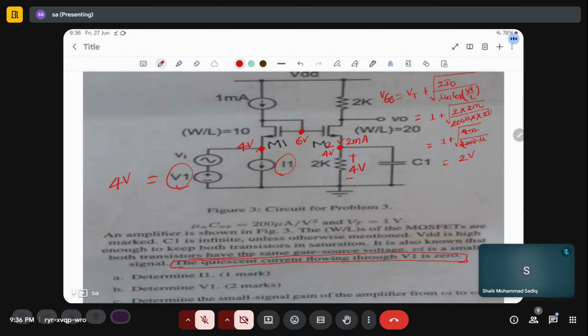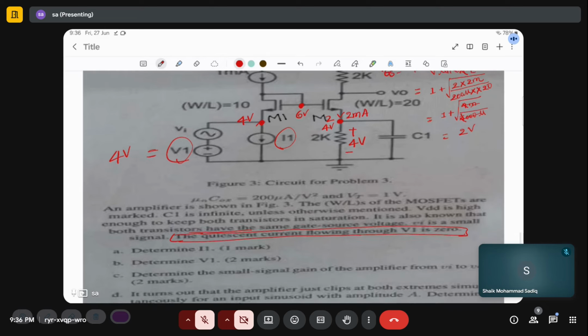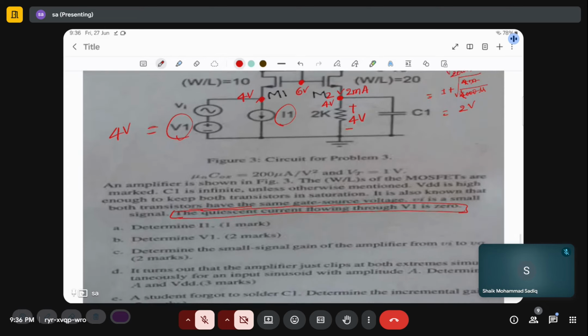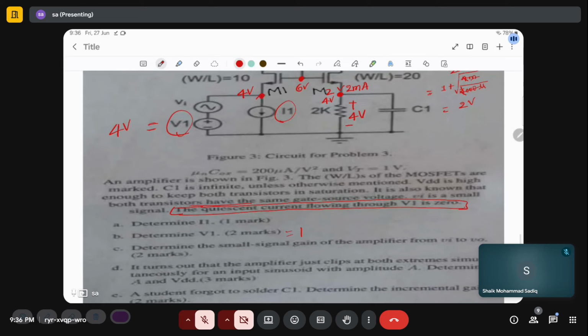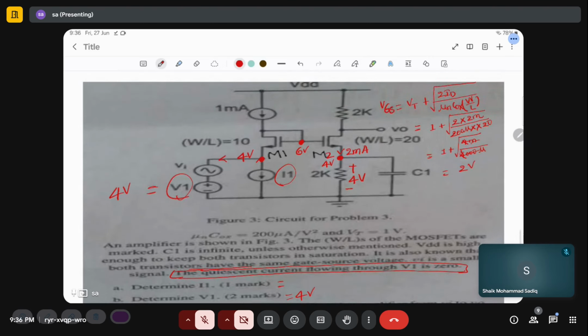I have told this in the previous class, go check the PDF. So V1 is 4 volts. What is I1 if no current is flowing here? I1 is 1 milliamp.